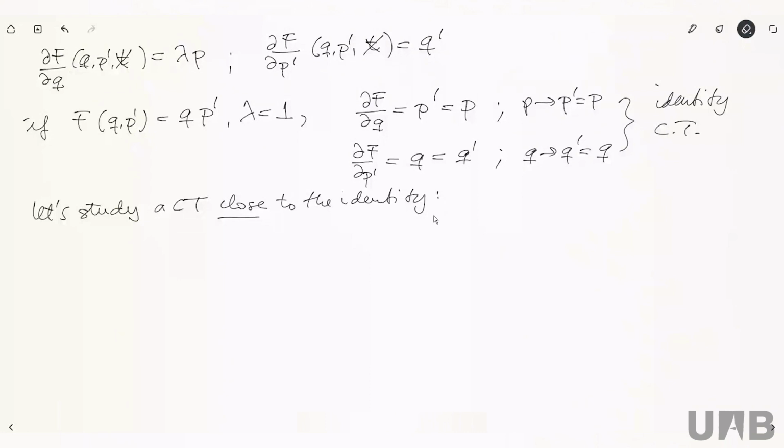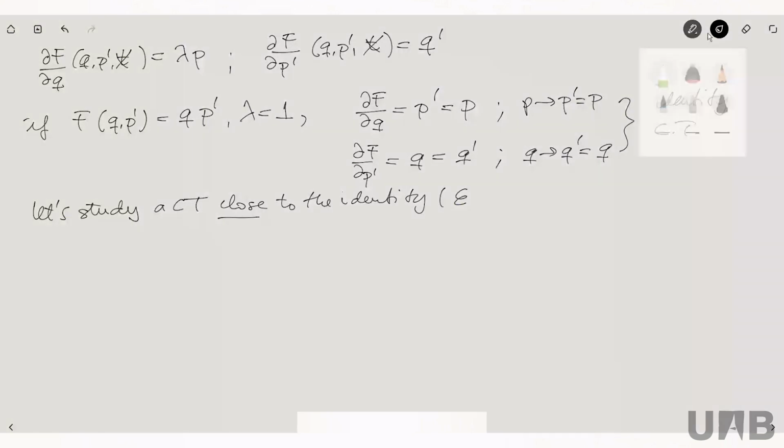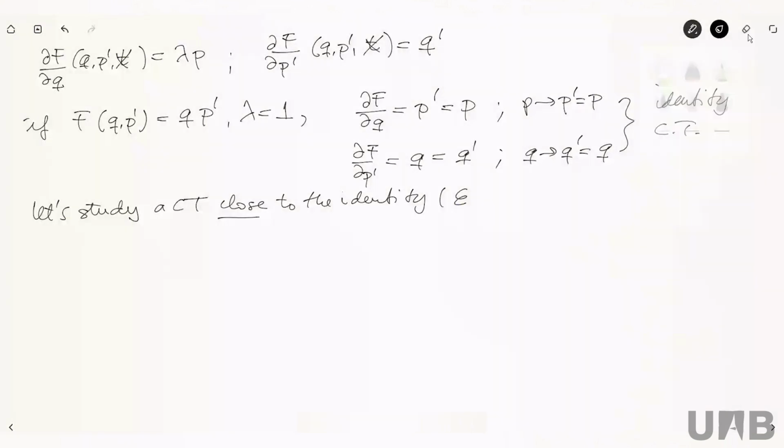And so this is going to be controlled by a small parameter, which I'm going to call epsilon, which is going to be much smaller than 1.